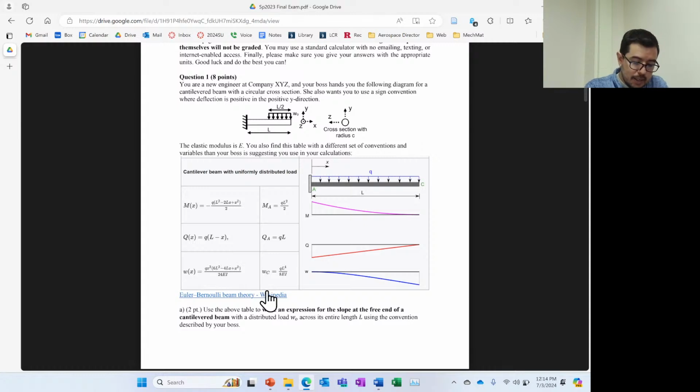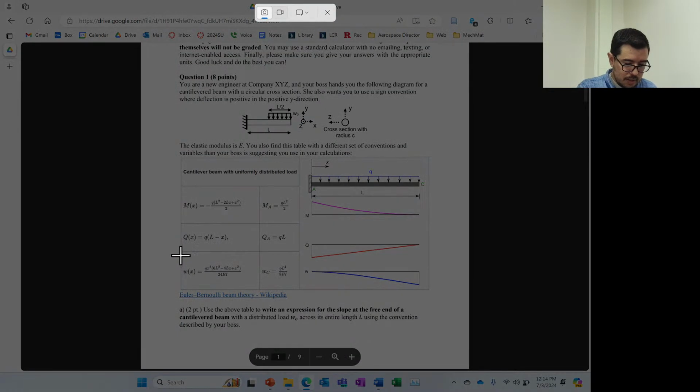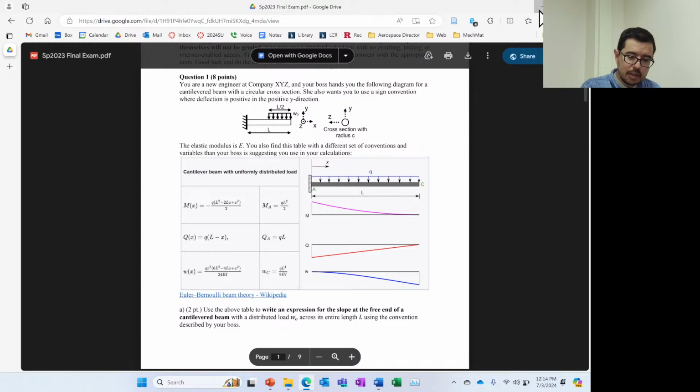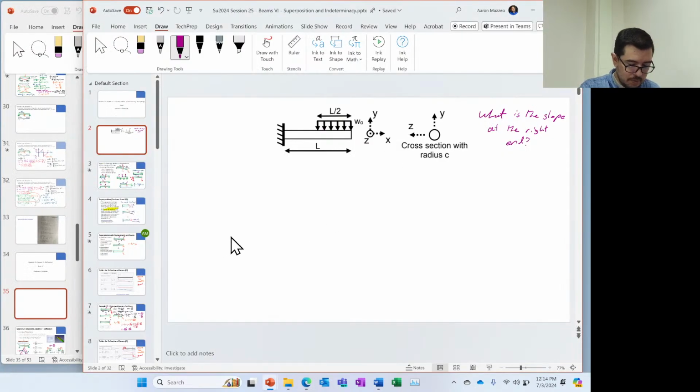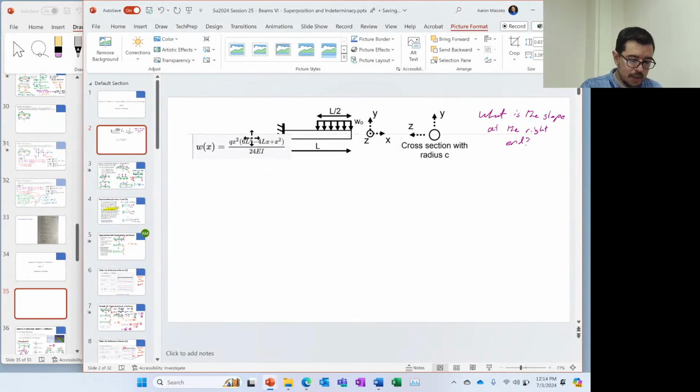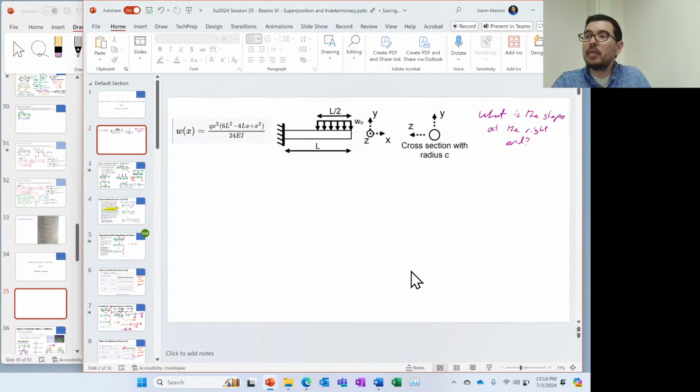Let's copy the formula over. This is the one that we want. This might have been a little bit harsh and difficult, but we'll get through it. What I was confused about originally was that I thought w of x was representing the distributed load, but then I realized the question said there were different variables. Right.